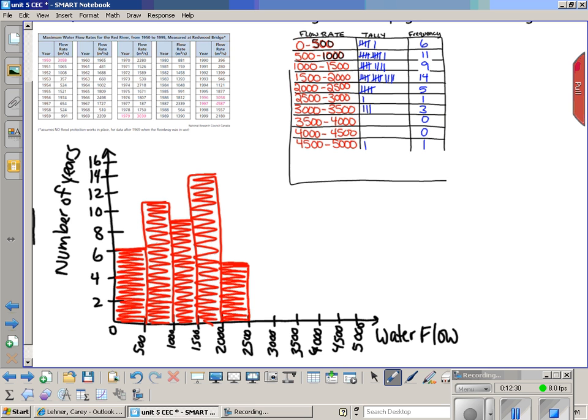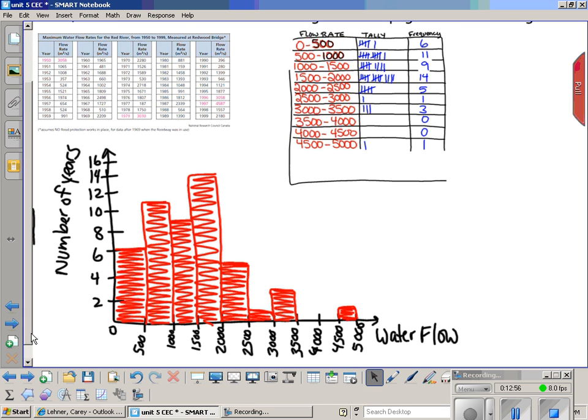From 2,500 to 3,000, there was only 1. From 3,000 to 3,500, there were 3. Then the next two intervals had 0, and the last interval again had 1.